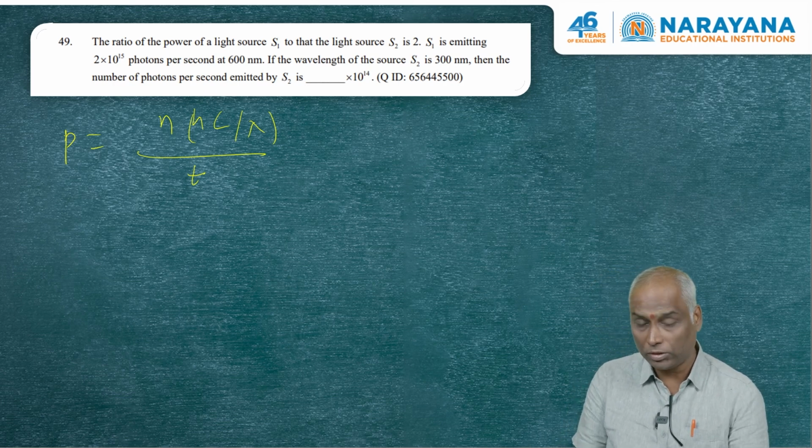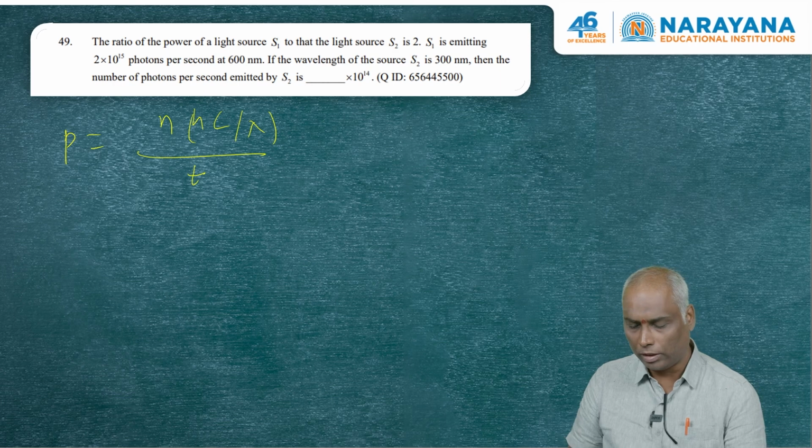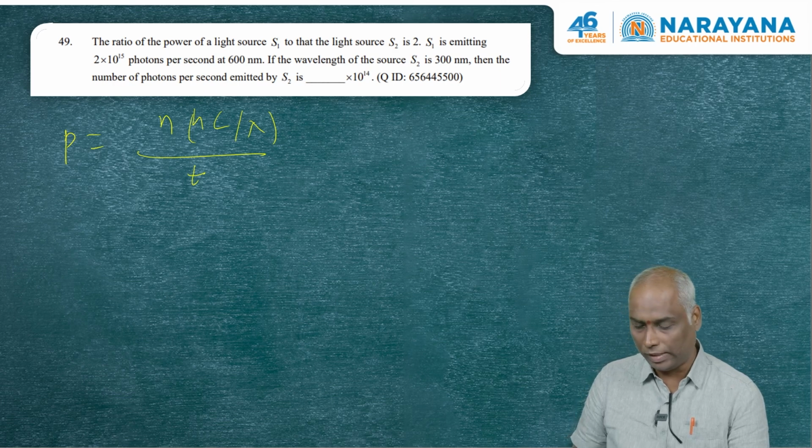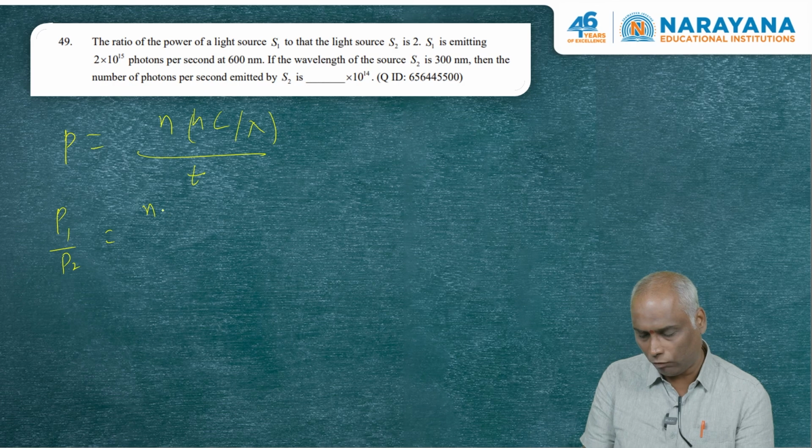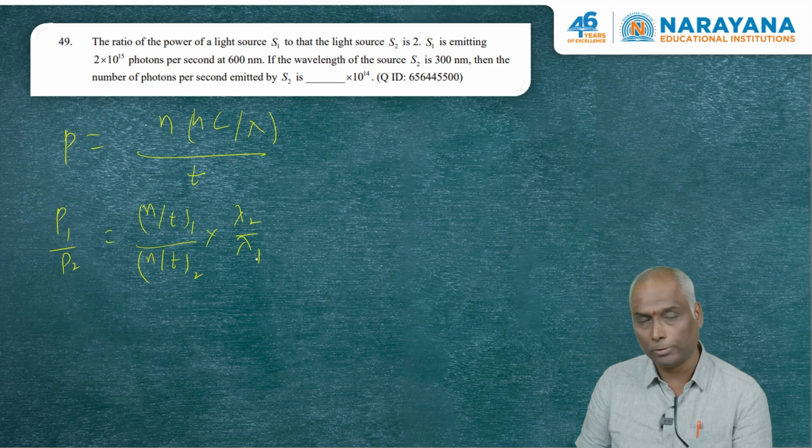So now from this equation, the ratio of powers is given. The ratio of power of source S1 to that of source S2 is given as 2. So what we can say is P1 divided by P2 should become equal to N by T of 1 divided by N by T of 2 into, since it is inversely proportional to wavelength, lambda 2 divided by lambda 1.